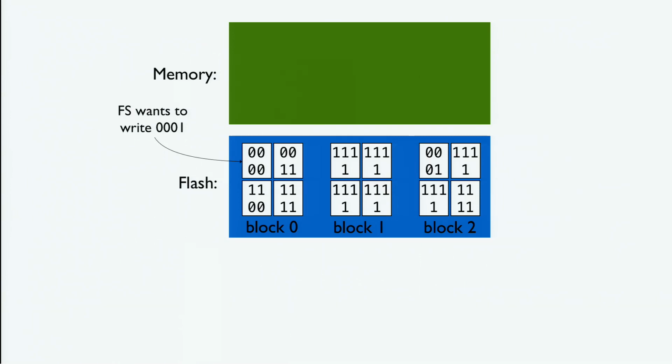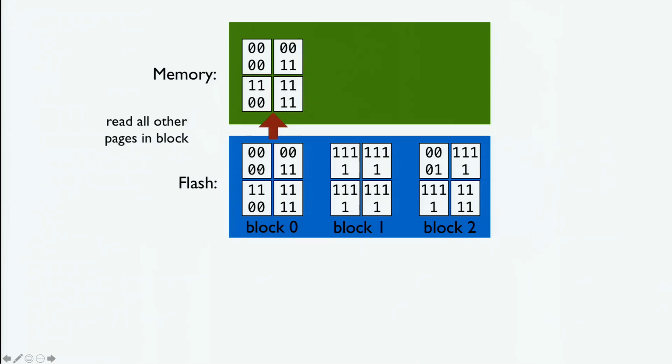So this visualizes it pretty nicely. We have a file system, and it wants to change, let's say, a bitmap. It wants to just mark something as allocated. It wants to change a single bit here. What's all of the work that it needs to do? On a disk, we could have written out an individual sector containing this. What do we have to do on Flash? We read in the whole block in memory. We can modify the bit that we wanted to on a page.